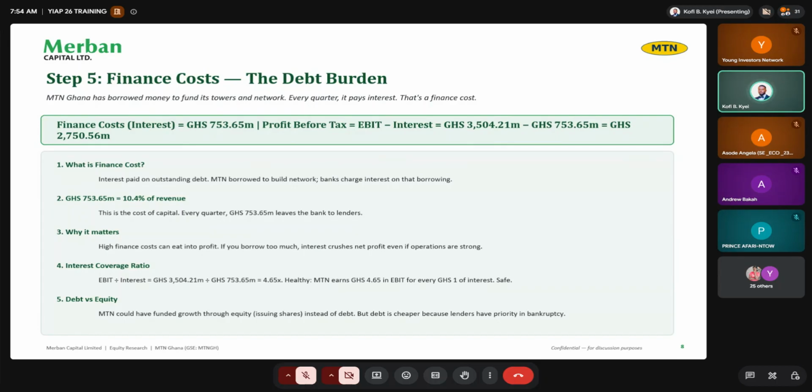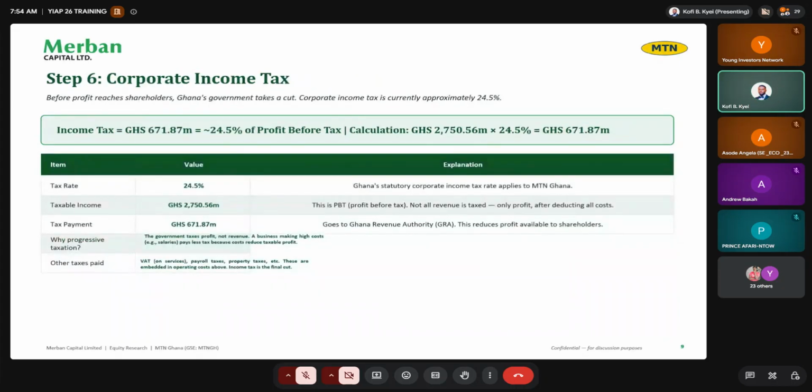But debt is cheaper, and as I've explained, for MTN as a very big company, debt has been the way to go because every bank can be comfortable with it. So it can negotiate for lower interest rates.